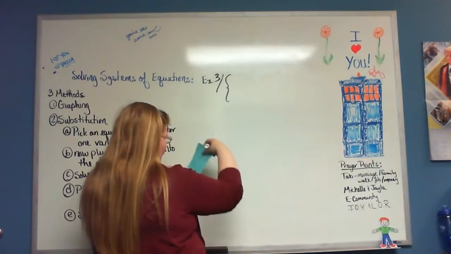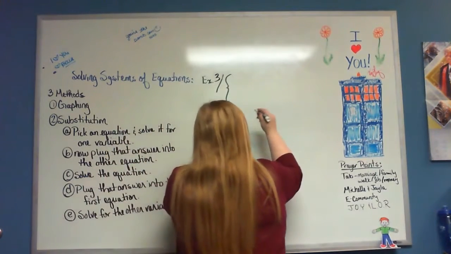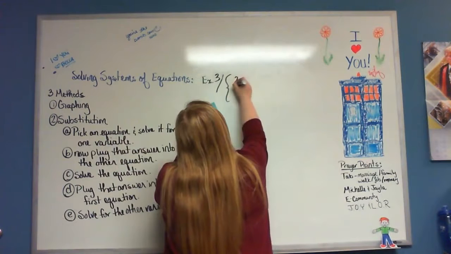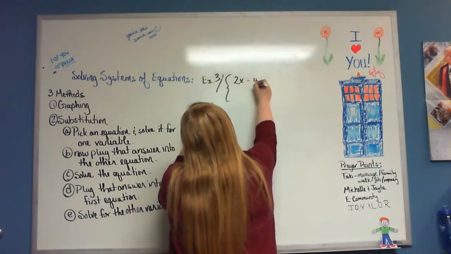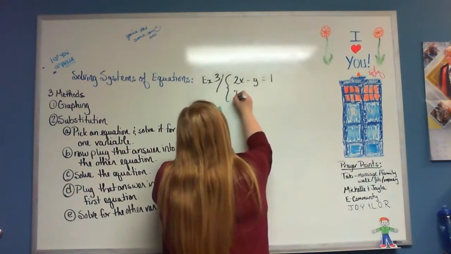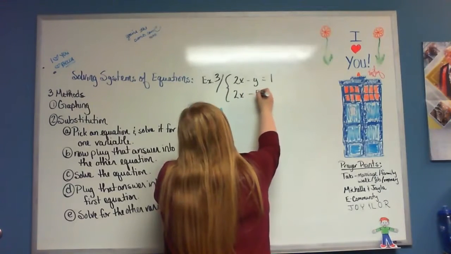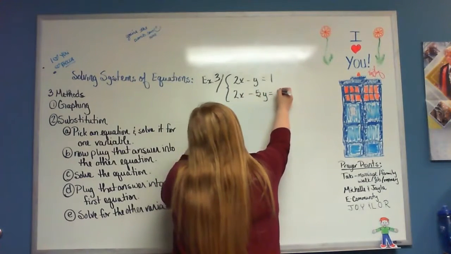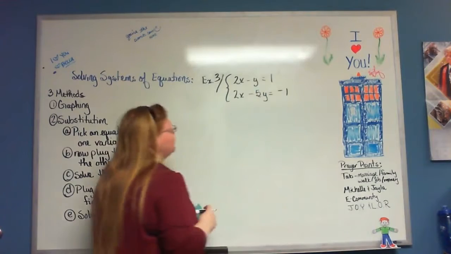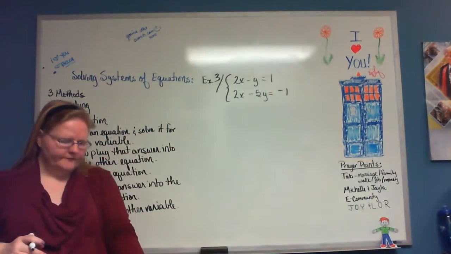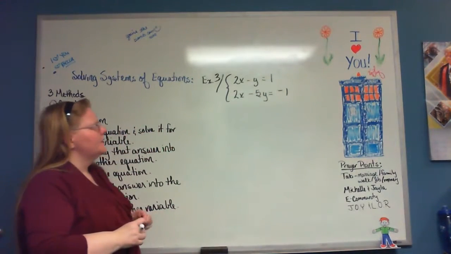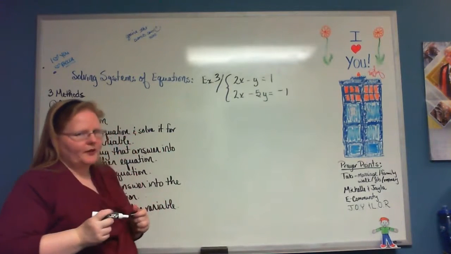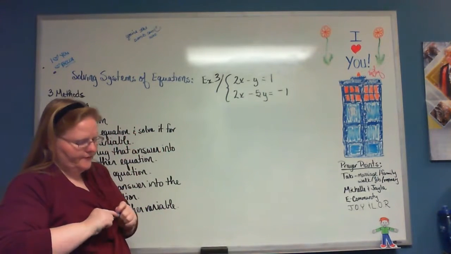Example number 3 says 2x minus y equals 1 and 2x minus 5y equals negative 1. This one isn't quite as jump out at you as the other ones were.